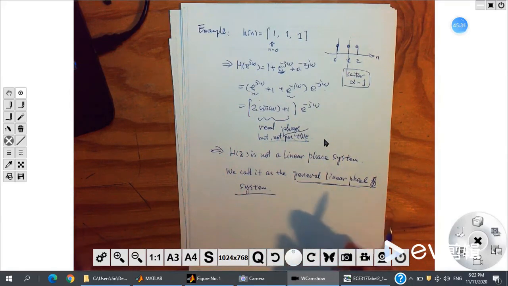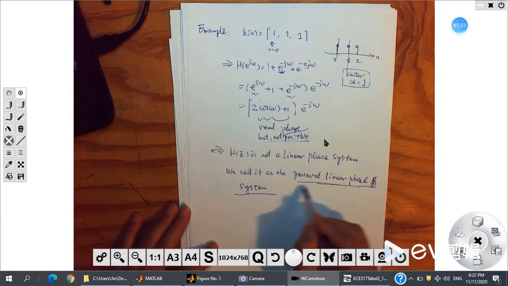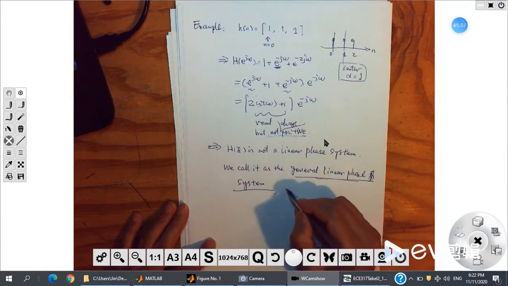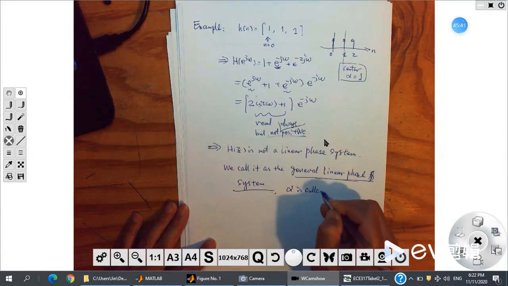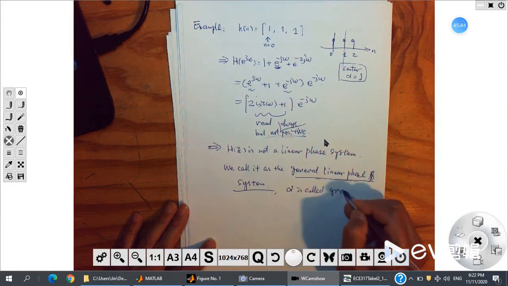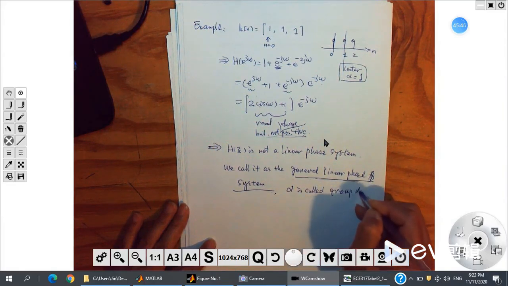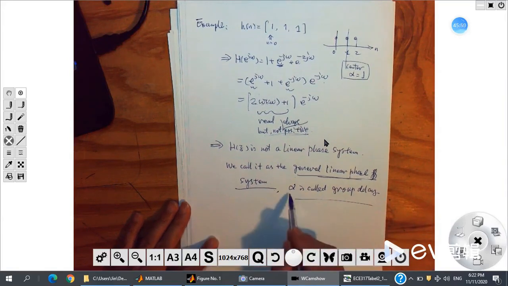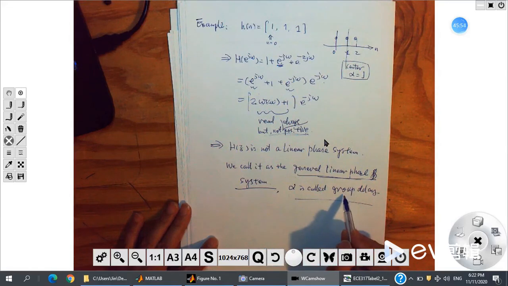After you generalize the concept, we call this a general linear phase system. And that alpha is called group delay. In the linear phase case, this alpha we just call a delay. Now we call it a group delay.